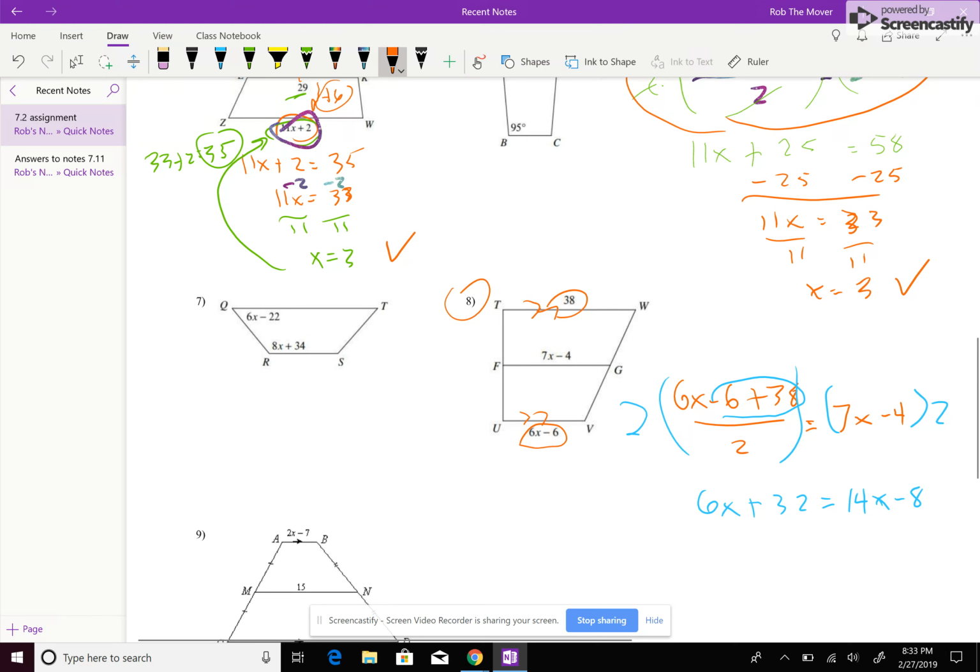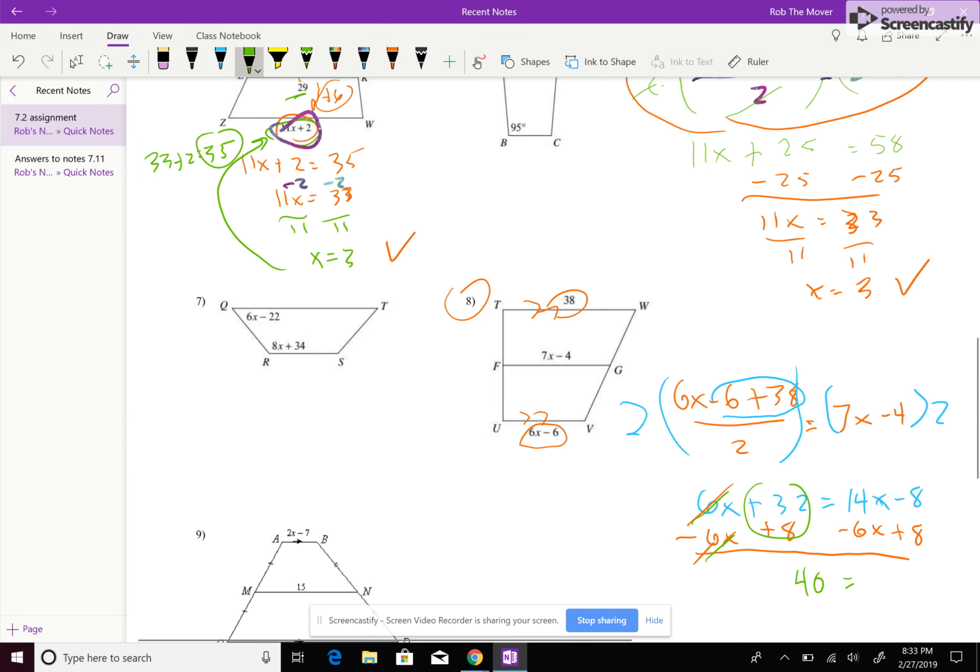Let's get the x's on the right because I can see that they'll stay positive if I do that. So if I bring the x's over to the right, I better bring the numbers over to the left, all in one fell swoop. We can see that the 6x cancels over here, 6x minus 6x, and we get 32 plus 8 is 40.